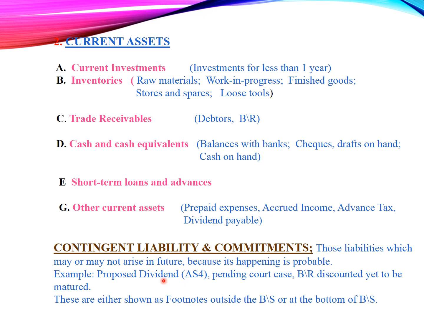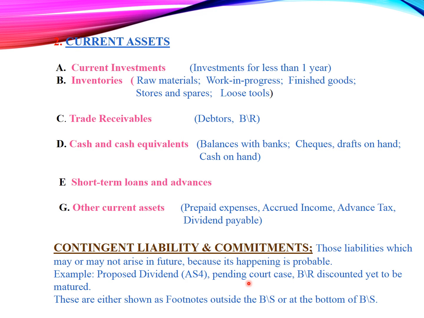For example, your company has filed a case against another company, or some other company has filed a case against your company, and that court case is still pending unless and until the verdict comes. We cannot declare or confirm it as a liability. So this is considered as a contingent liability. Similarly, bills receivable discounted yet to be matured. We have already studied this concept: your company got the bills receivable discounted but its maturity has not yet happened.